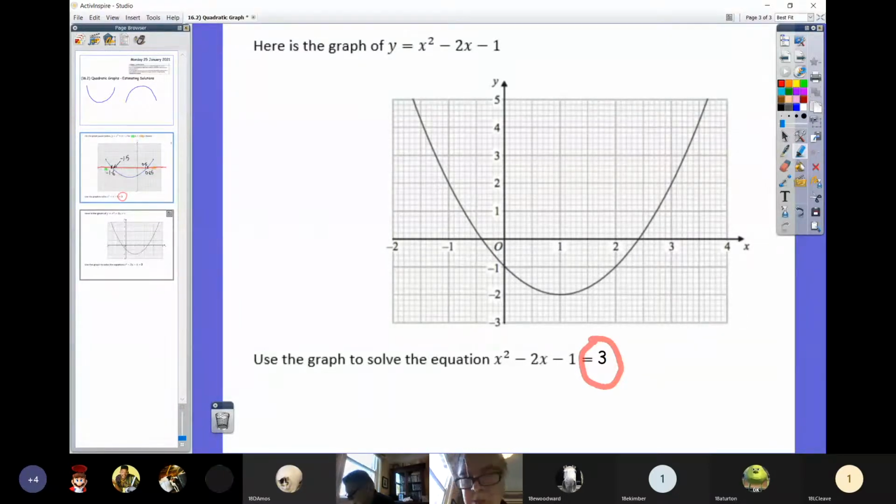So it's not equaling 0, it equals 3. You've got to draw another horizontal line going through 3 on this occasion. If it said equals 2, you do a horizontal line through 2. If it said minus 1, you do a horizontal line through minus 1. And you've got to read off the values where that curve cuts that red line that you've drawn.